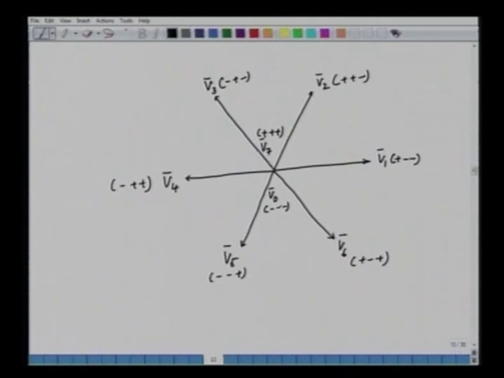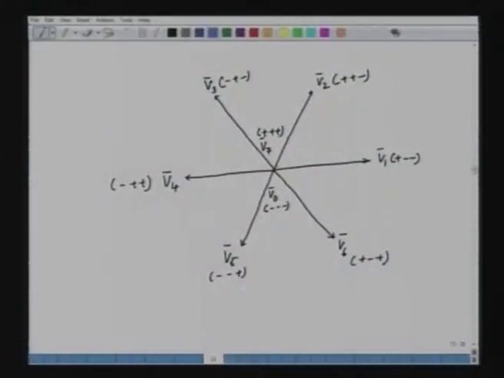So we have 8 voltage vectors, and we can divide the whole space into 6 sectors, and each sector will have an angle of 60 degrees. Each sector is equal, so we can divide this whole space into 6 different sectors in the following fashion.